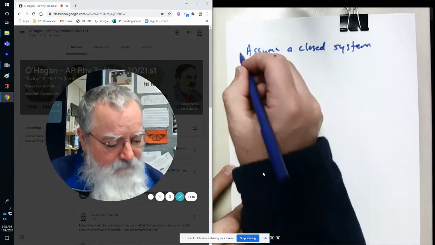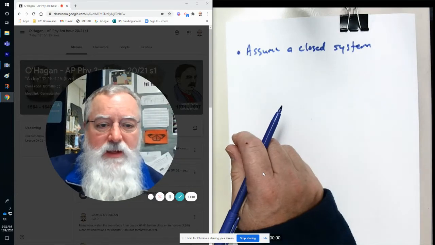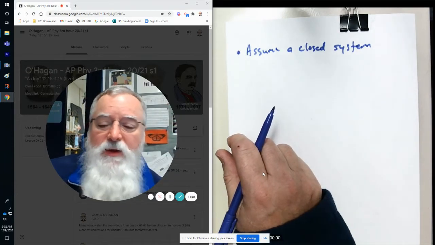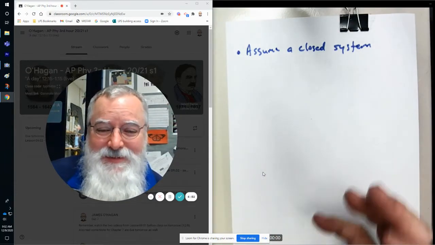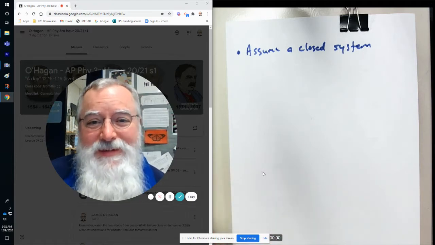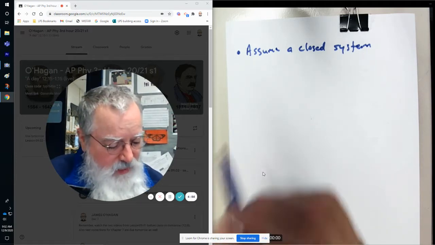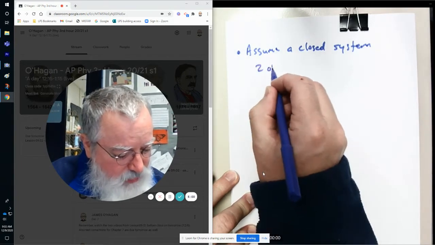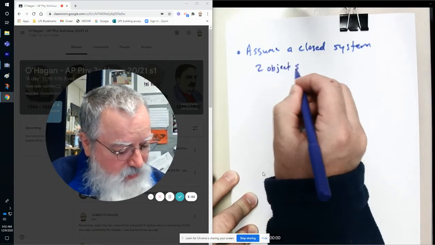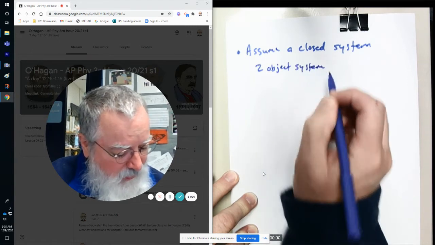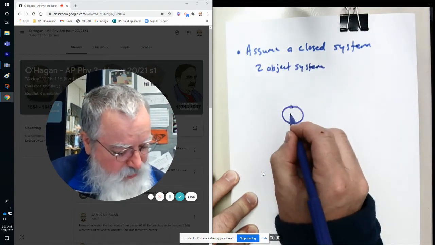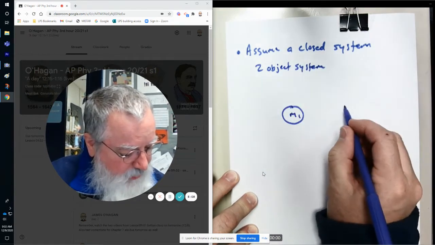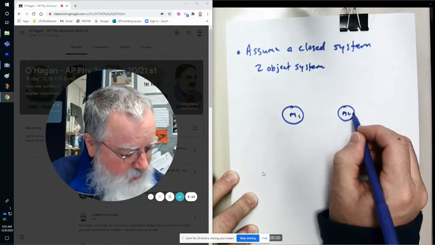All right, if you remember, a closed system means there can be no forces from outside the system acting on particles inside the system. So for example, if I have a two object system, here's mass 1, and over here is mass 2.